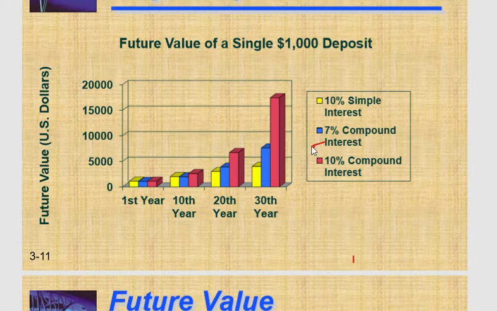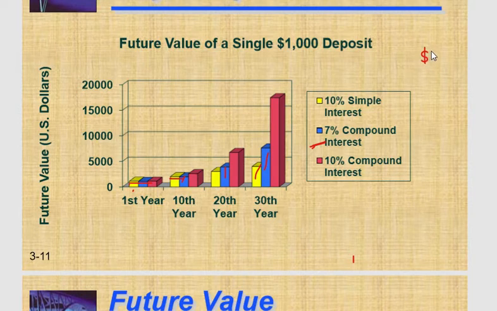Compound interest is 7%. Okay, simple interest in the first year, if you go for 7% simple interest, everything is same. In the second year, third year, like that, it changes. Okay, it changes. See, the value is increasing because of compounded.